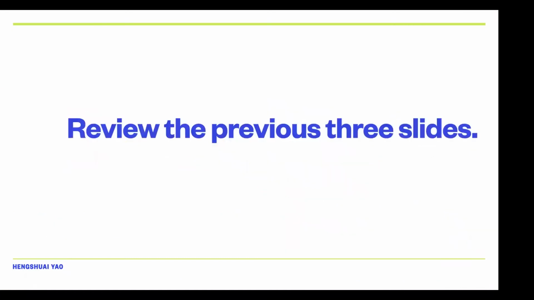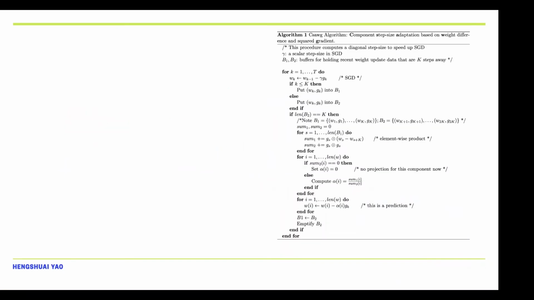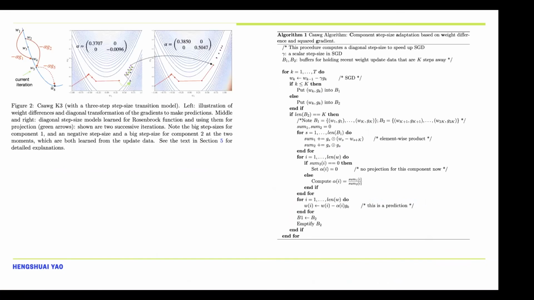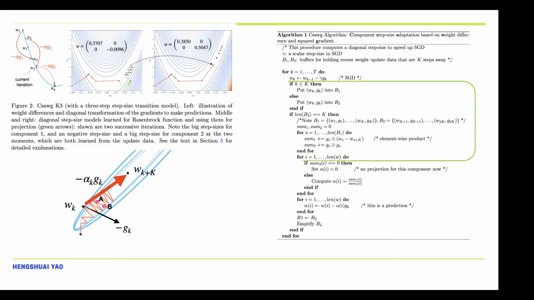Review the previous three slides. Let's review a little bit to make sure it's understandable. So we present CHAG, we discuss how CHAG performs in action. For data collection, I'm using green dots to circle the area where we collect data from gradient descent.